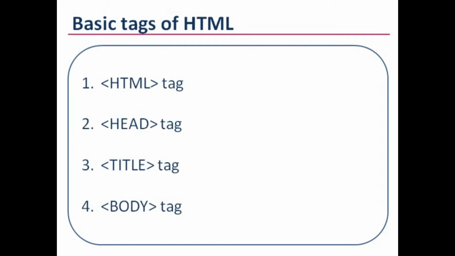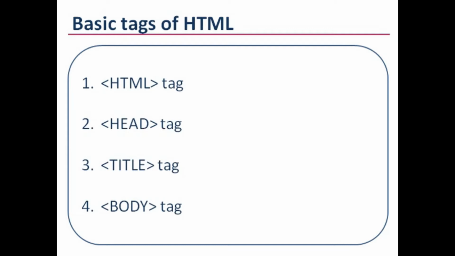The third tag is the title tag. This tag displays the title on the title bar or on the tab of the browser window. The fourth tag is the body tag.